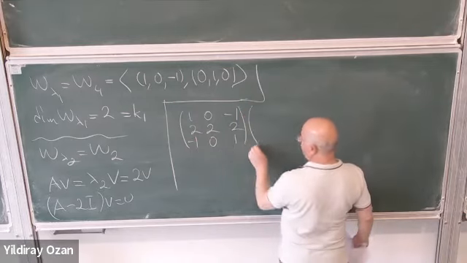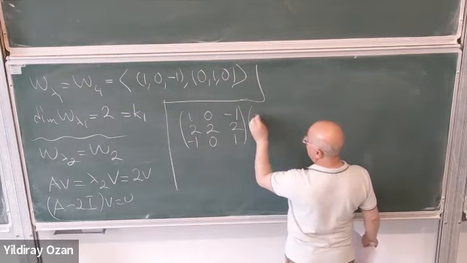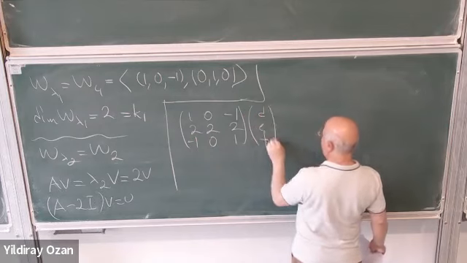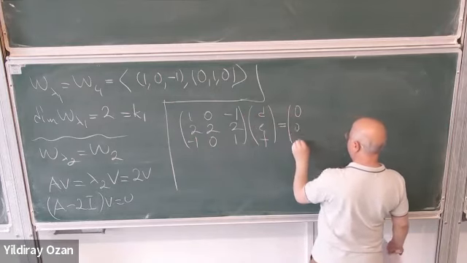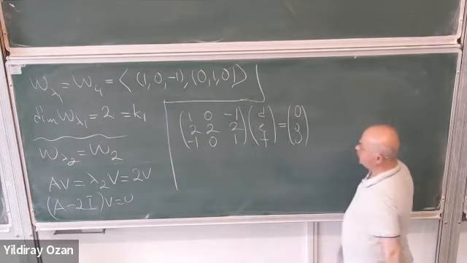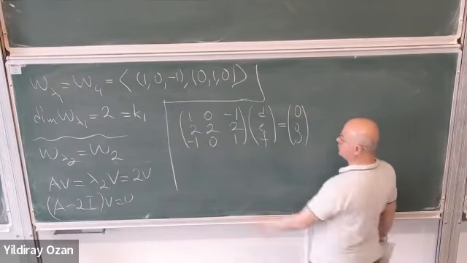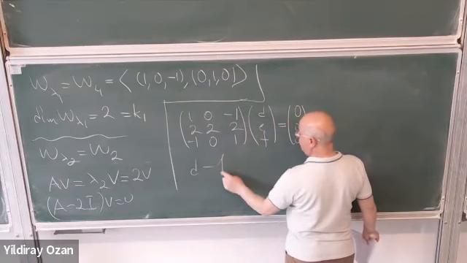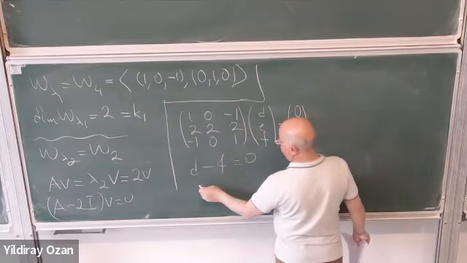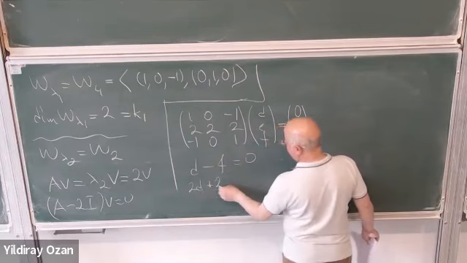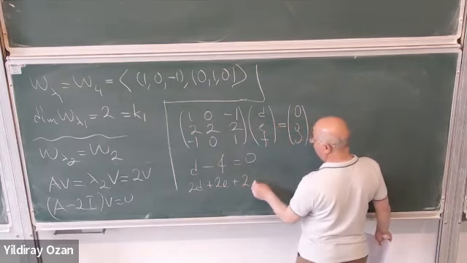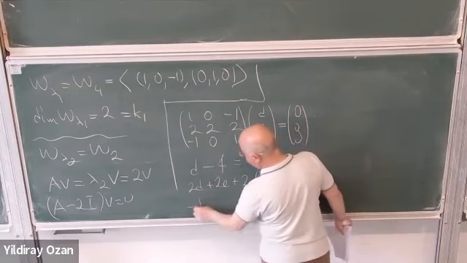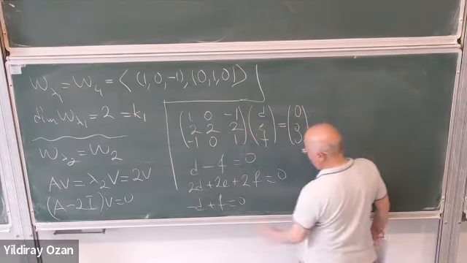And then D, E, F equal 0, 0, 0. So we get two equations. So D minus F equals 0. 2D plus 2E plus 2F equals 0. And this is the same thing, right? This is minus D plus F equals 0.